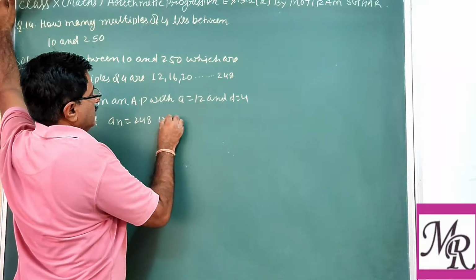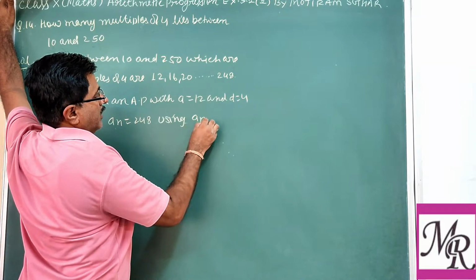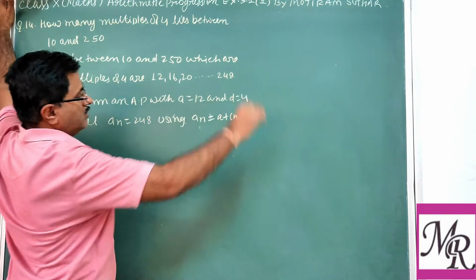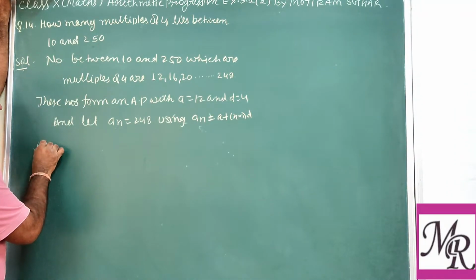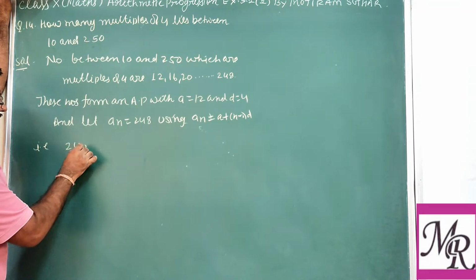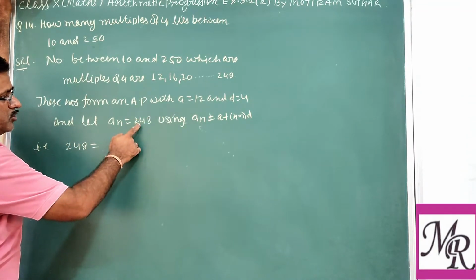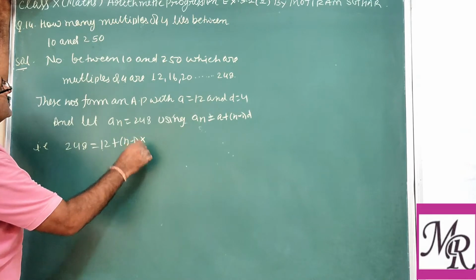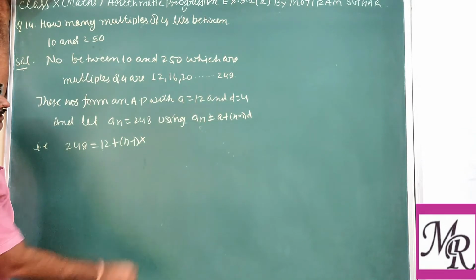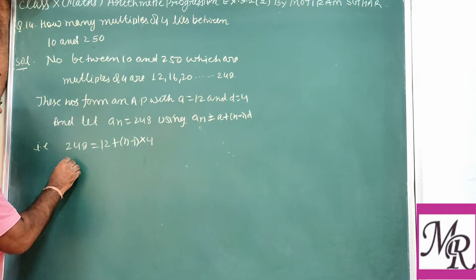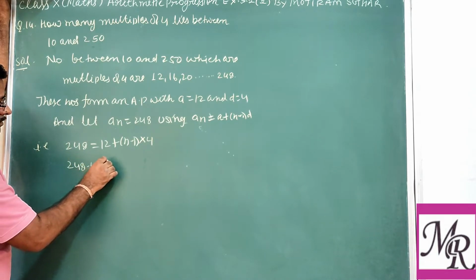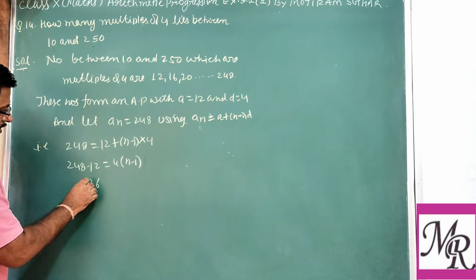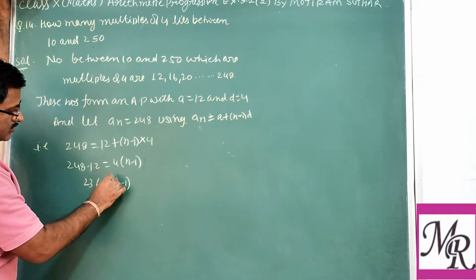So using an equals a plus n minus 1 into d, an is 248, a is 12, and we want to find how many terms, and d is 4. So simplify, 12 transferred to this side: 236 equals n minus 1 into 4.